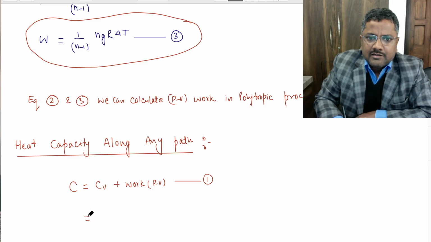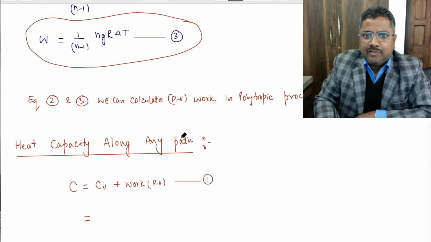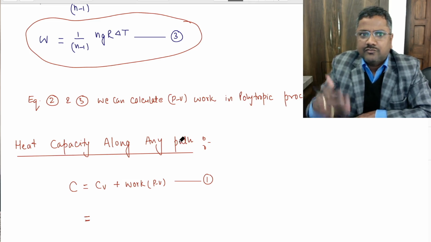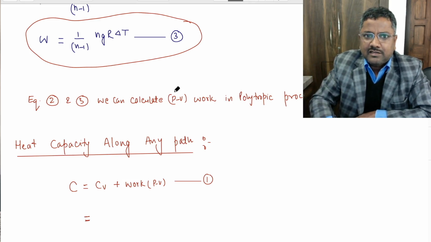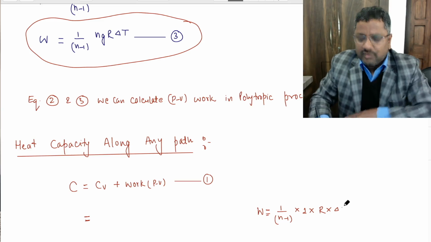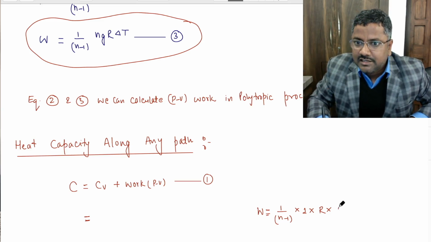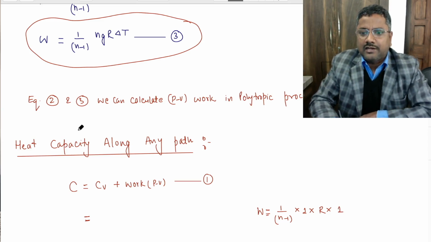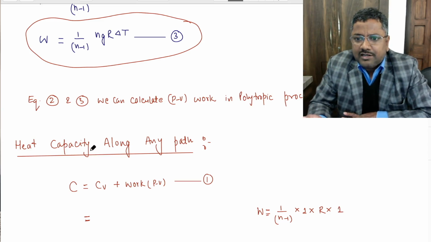And this any path means we can choose this polytropic. So we have calculated this polytropic path work. So this work is equal to 1 by n minus 1, and nR delta T, I can take 1 mole into R into delta T. Delta T is equal to 1, because as you know, heat capacity is defined per degree rise in temperature.